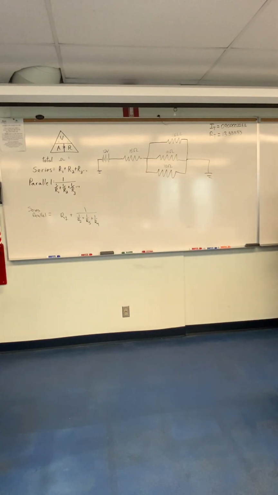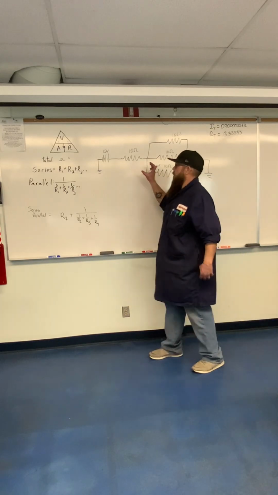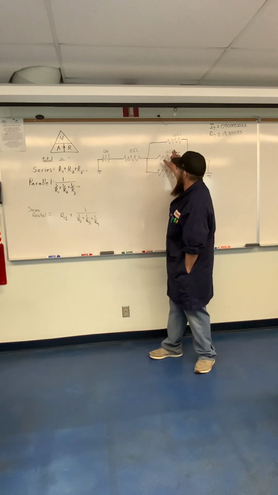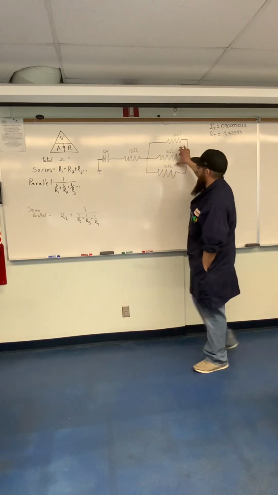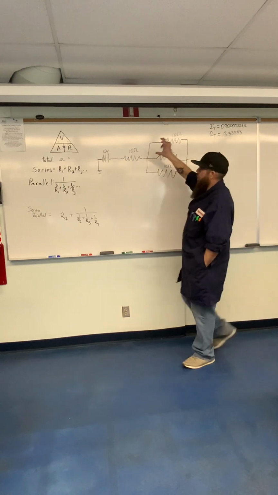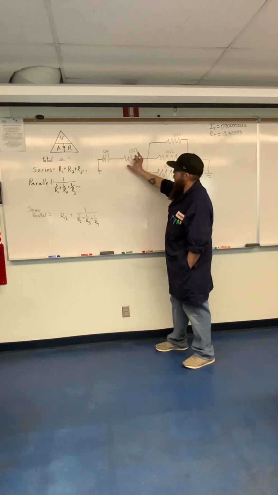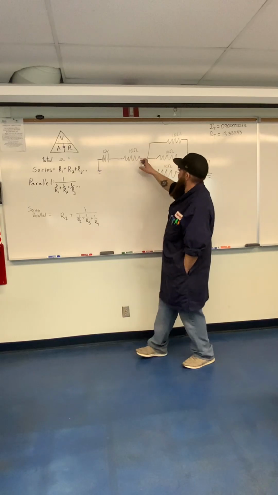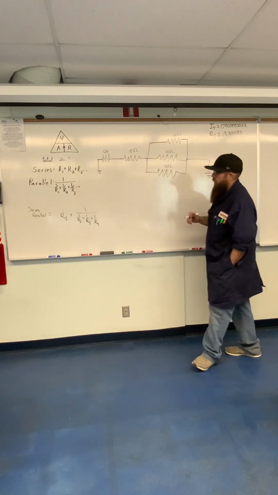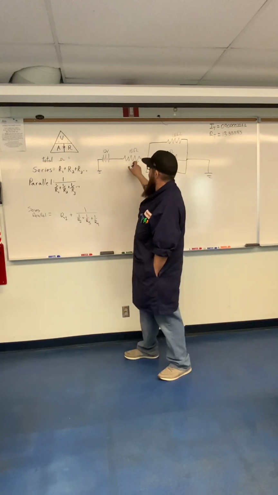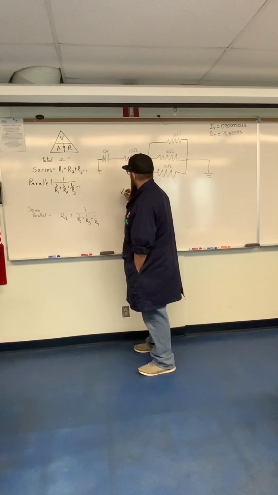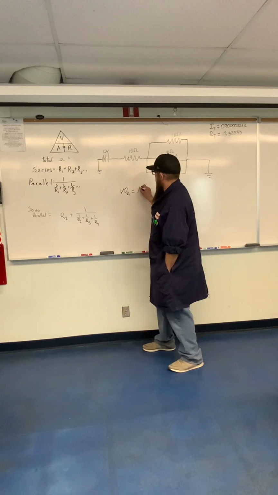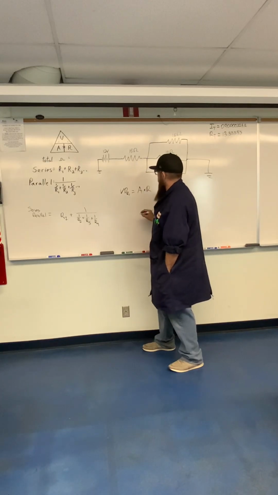So if we wanted to figure out the voltage drop of a particular resistor, we're not going to have 12 volts fed into our parallel circuit. We're going to have to figure out the voltage drop across this series resistance before we can figure out how much we have going into the parallel. So voltage drop of resistor 1 is going to be equal to amperage times resistance.